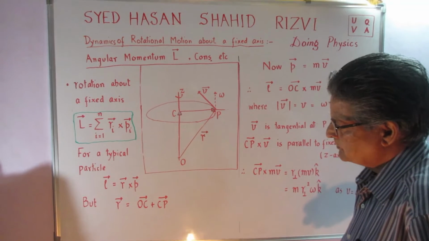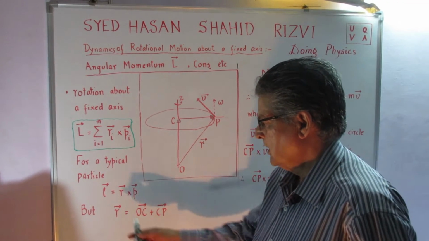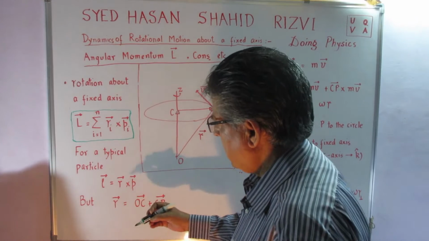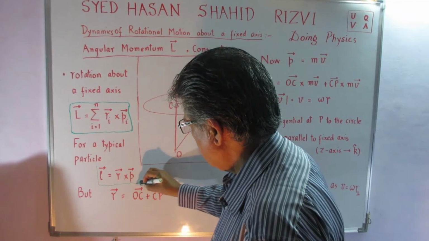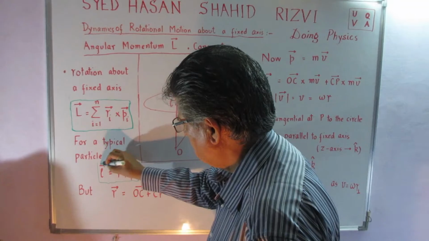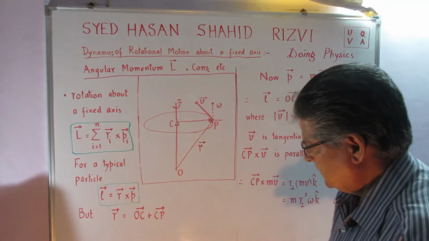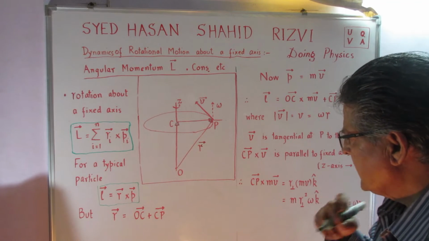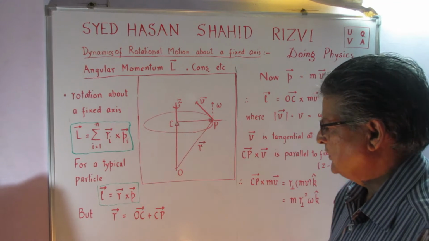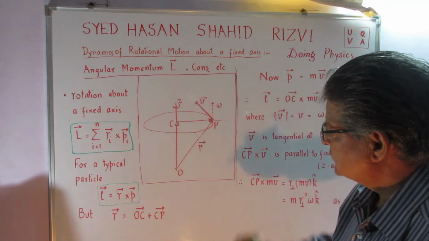So we know that for a typical particle, the angular momentum is defined as L is equal to R cross P. But like I discussed the other day, the origin is over here, O, and we defined R like this.